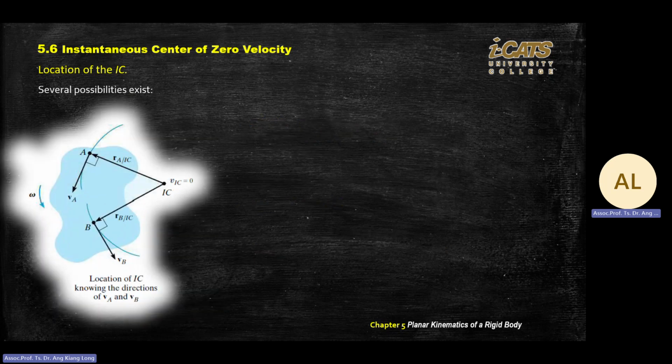So in this diagram, on the same body, you have two points, point A and point B, and the body rotates with a certain omega. To find the IC, the instantaneous center of zero velocity, you must know two parameters, V and omega. Once you have these, use your ruler again.